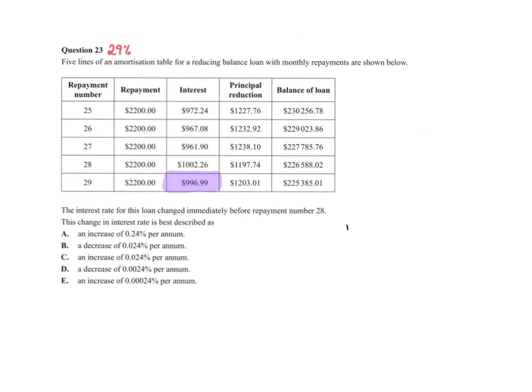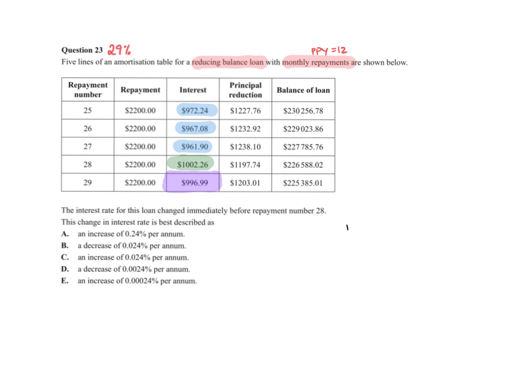Okay, so this one has an amortization table for a reducing balance loan, and you've got monthly repayments. It's important that you know that PPY is 12 there. And it says the interest rate for this loan changed immediately before repayment 28. So what that means is this interest here is going to be at a different interest rate to these three.